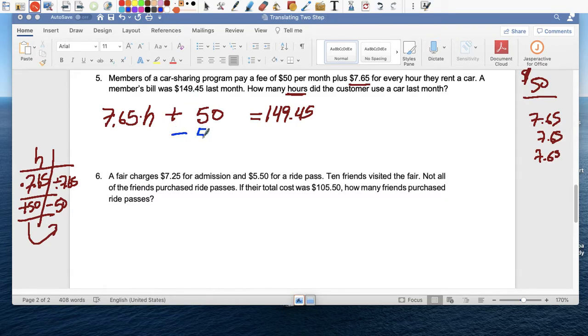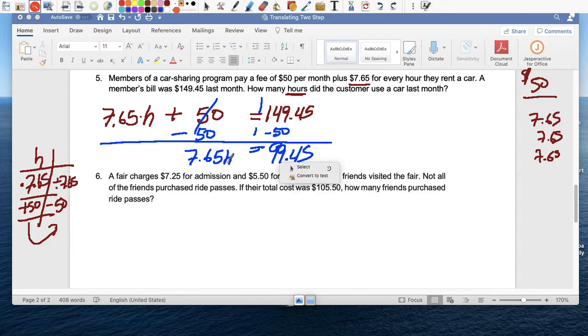So minus 50 here, minus 50. These go away. 7.65 H comes down, and then 149.45 minus 50 equals 99.45.